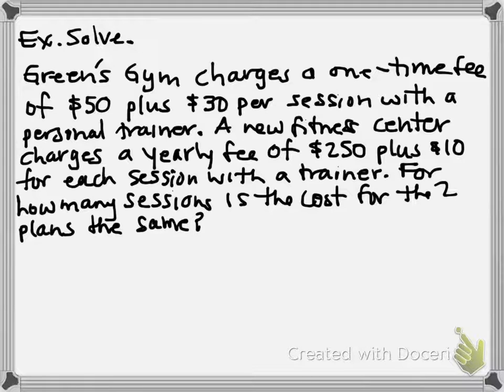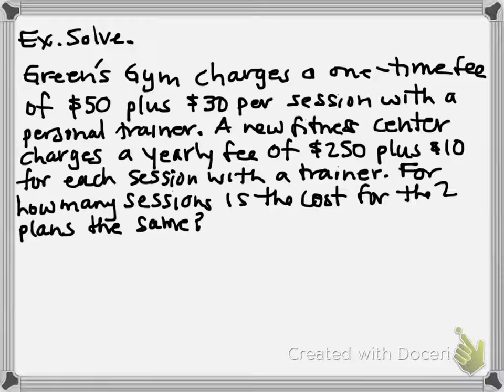Okay. So Green's Gym charges a one-time fee of $50 plus $30 per session with a personal trainer. A new fitness center charges a yearly fee of $250 plus $10 for each session with a trainer. For how many sessions is the cost of the two plans the same? So what are we solving for?